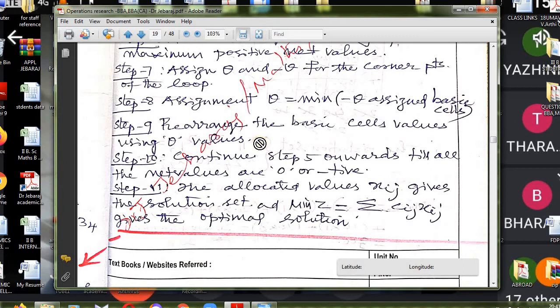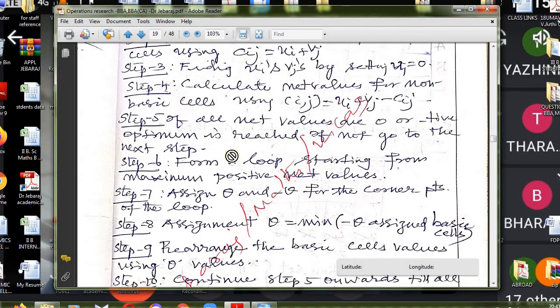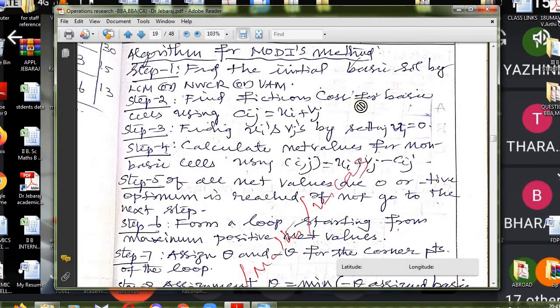Now what is the next step? Continue from step number 5 onwards. You go on till all the net values are 0 or negative.